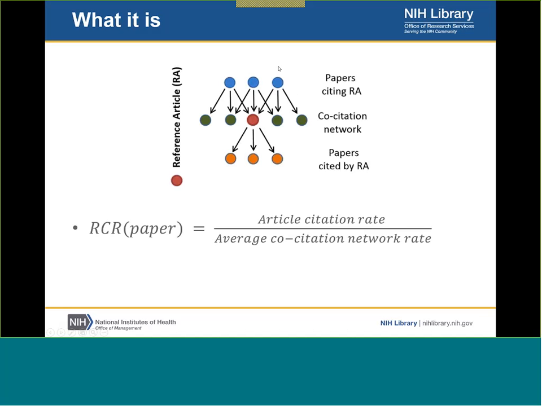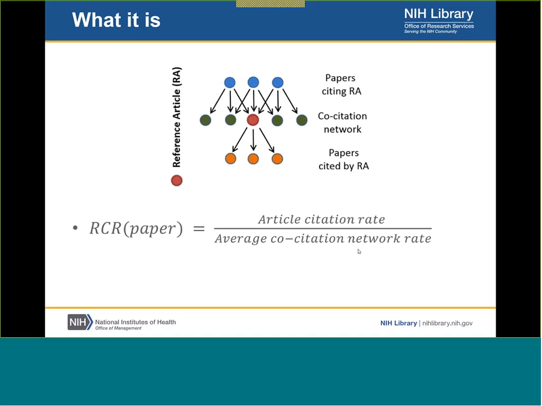So basically what they do is that they pull out the citations of all the articles in this co-citation network and find their average. They compare your citation against the average of this co-citation network. And after that, they benchmark this number against NIH-funded research, and then they will get the number.